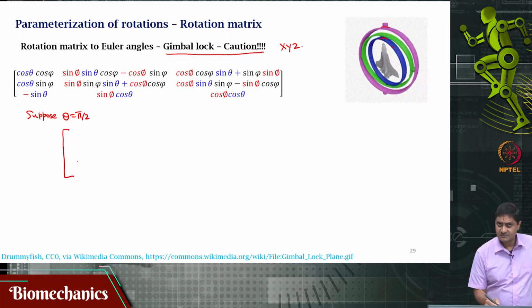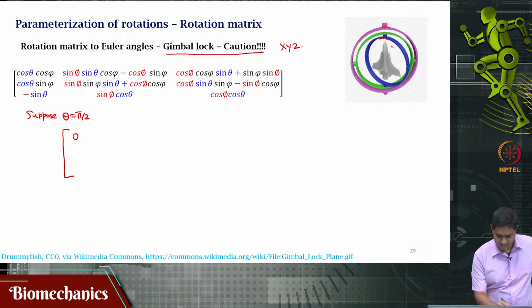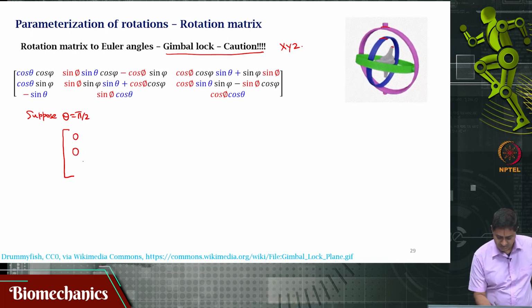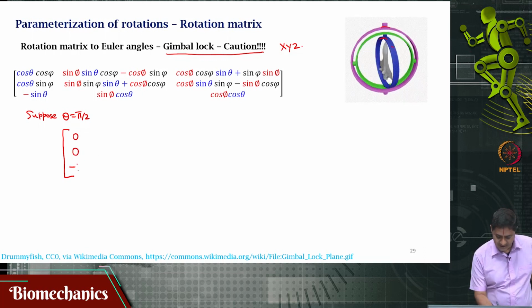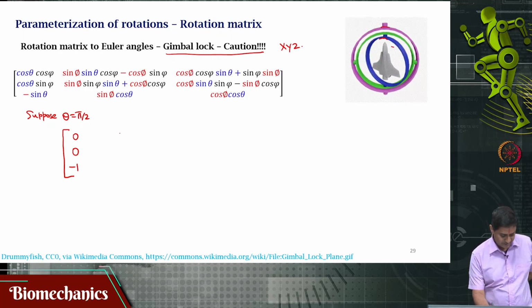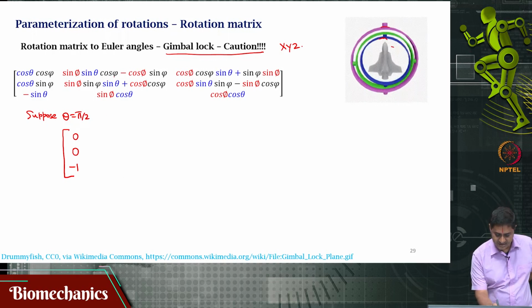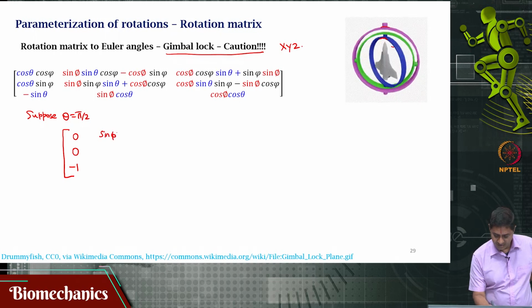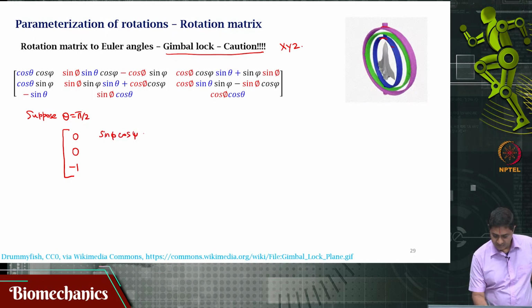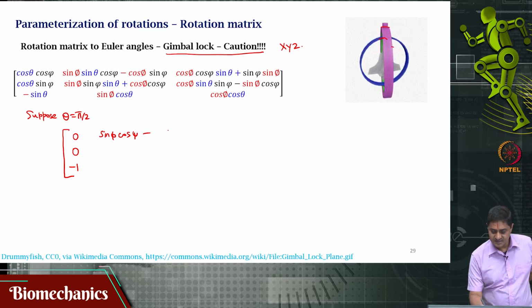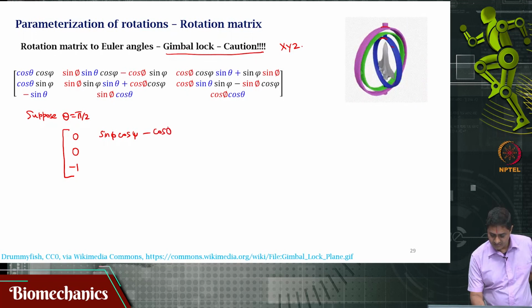Cos theta, well, cos 90 is 0, and again the second element cos 90 is 0. Minus sin theta: sin 90 is 1, but it is minus sin theta, so that will be minus 1. The next one has sin phi sin theta cos psi. Because sin theta is 1, that will become sin phi cos psi minus cos phi sin psi.